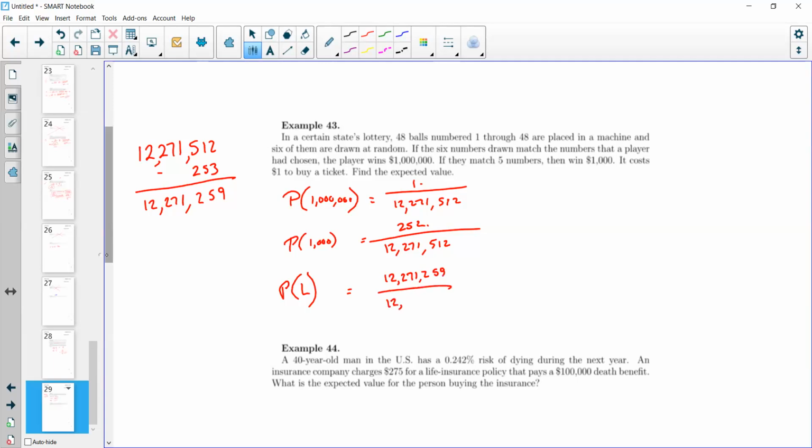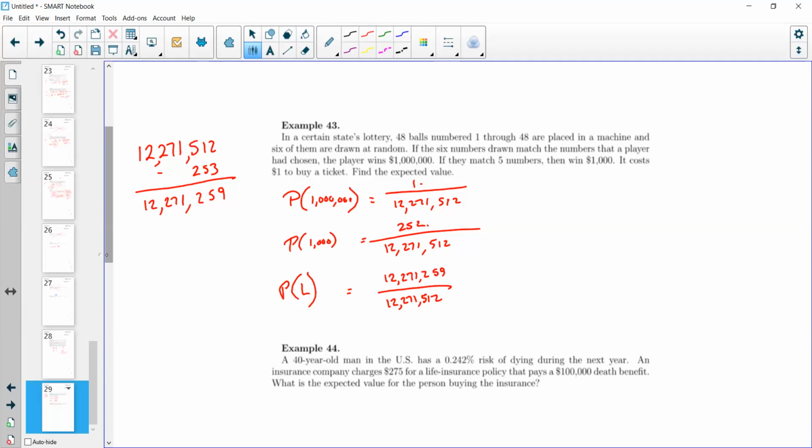So the probability of losing is 12,271,259 over 12,271,512. Everybody still with me? So we have a probability of winning $1 million, probability of winning $1,000, and probability of losing.